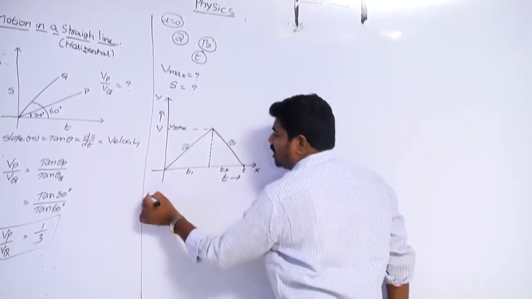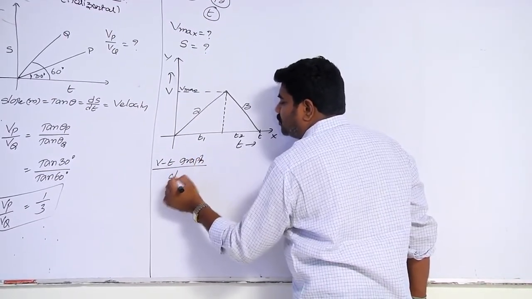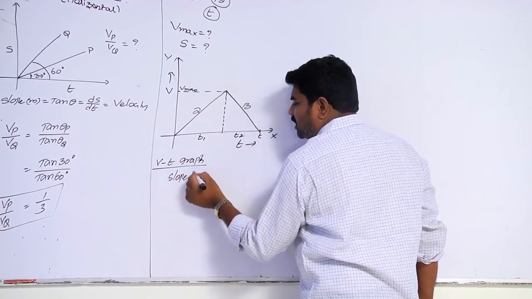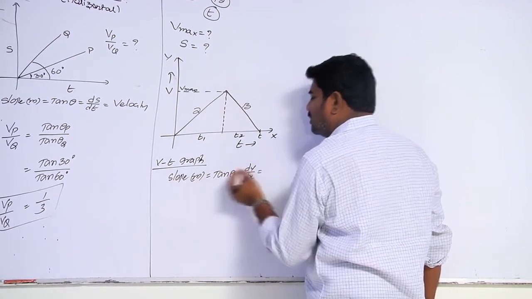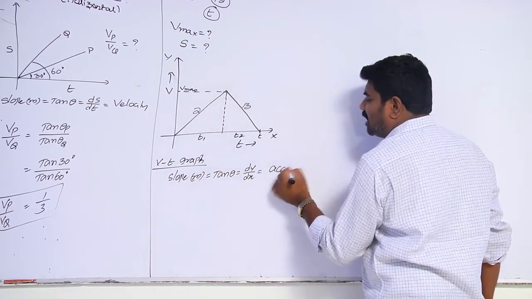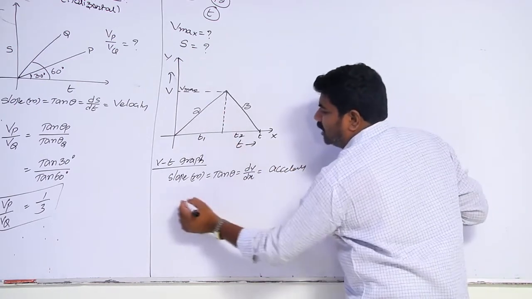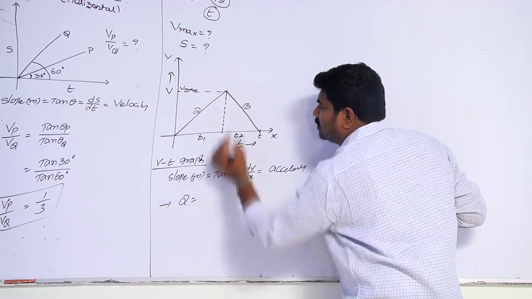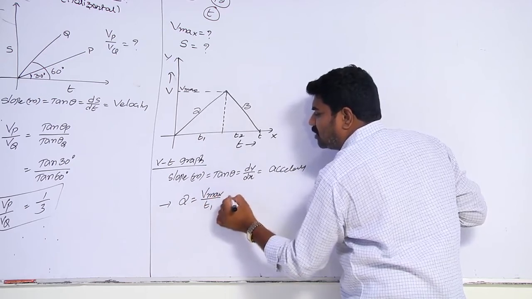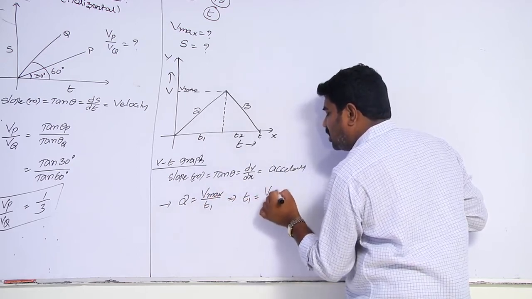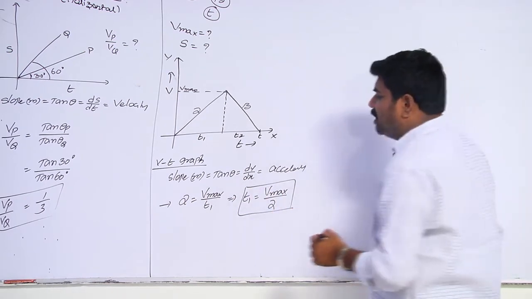In the velocity time graph, the slope m is equal to tan theta, that is equal to dy by dx, that is nothing but acceleration. So acceleration is nothing but the slope of the graph, so alpha is equal to V max by t1, that implies t1 is equal to V max by alpha.